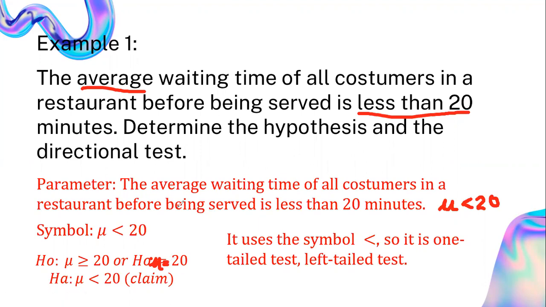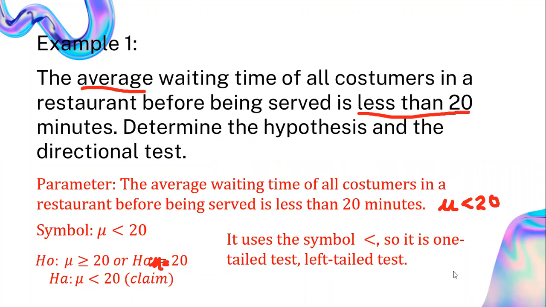But of course, as given in the problem, since we use the words is less than 20, it will be your alternative hypothesis, and that will be our claim. Okay? And since it uses the symbol less than, meaning it's a one-tailed test, specifically a left-tailed test, because it's less than.